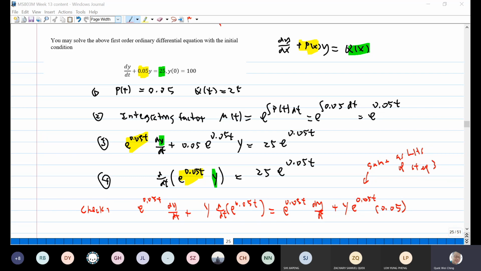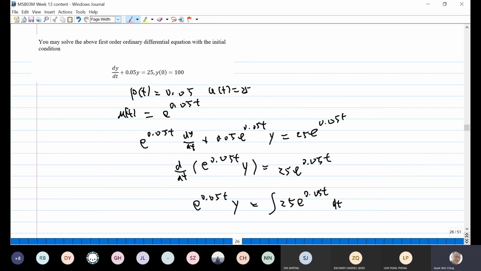Once you have this done, you integrate both sides. Move the dt over, then integrate both sides.